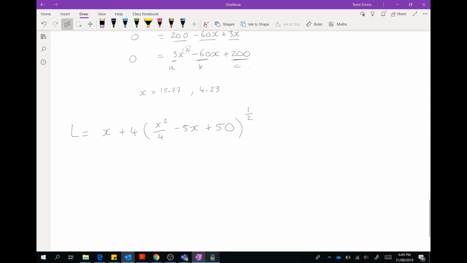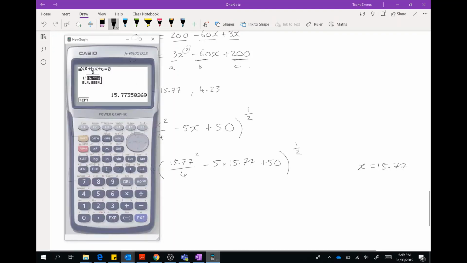Right, let's check them out. We'll check for x is 15.77 first. 15.77 plus 4 lots of 15.77 squared over 4 minus 5 lots of 15.77 plus 50 to the power of a half.